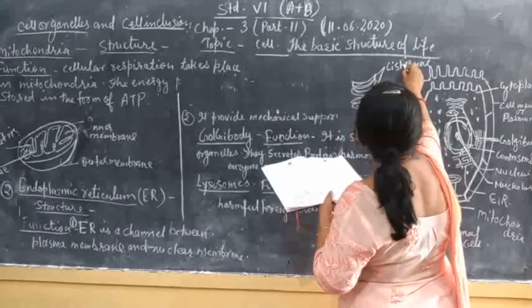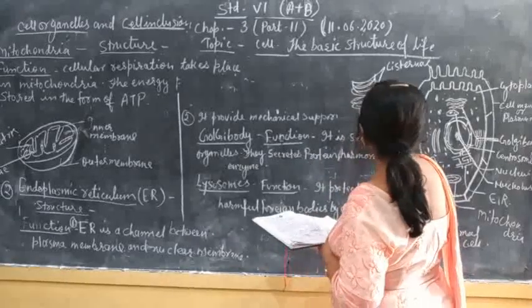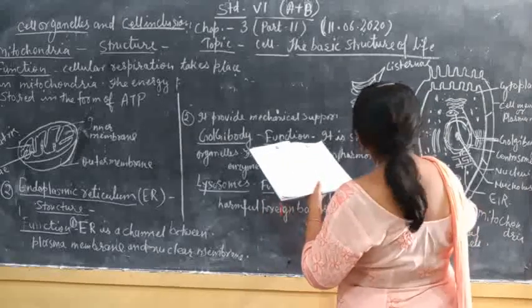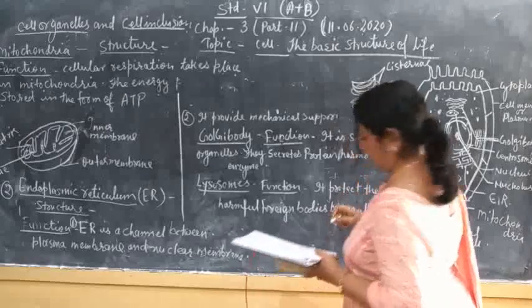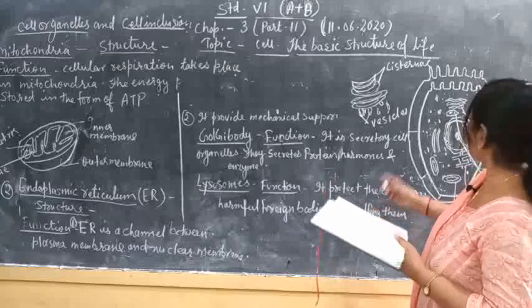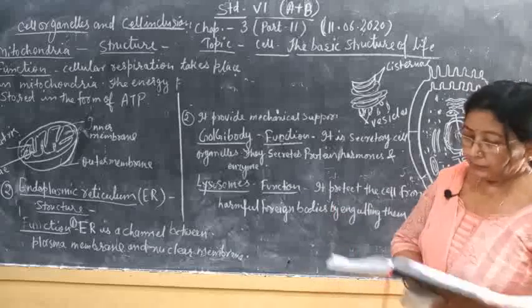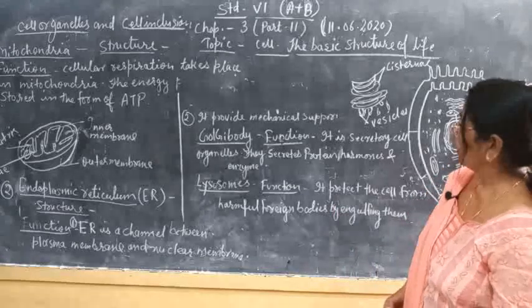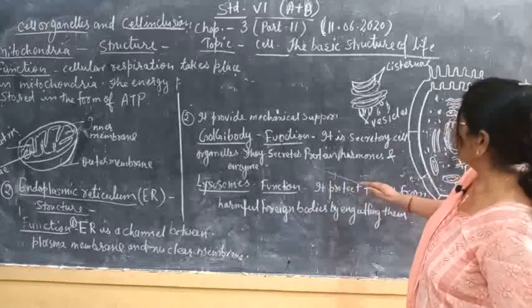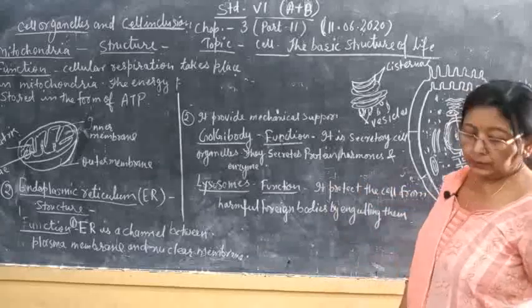The sac-like structures are called cisternae, and the budded outgrowths are called vesicles. Function: it is a secretory cell organelle. They secrete protein, hormones, chemicals and enzymes.